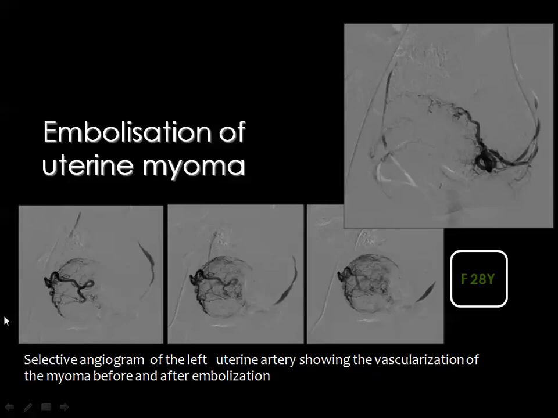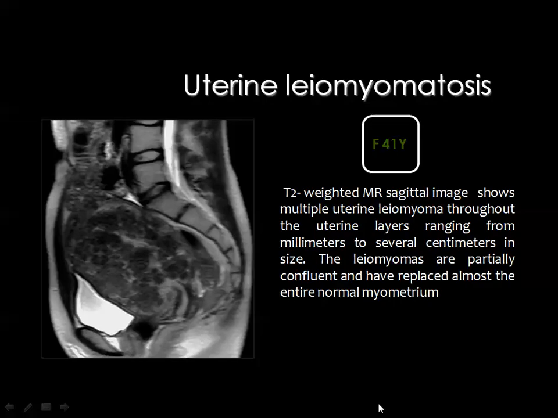And here is an example. You select the uterine artery, and you inject an embolizing material. Then you got almost marked decrease of the vascularity of the uterine fibroid, which will be reflected later on the size of the fibroid uterus, which will shrink.